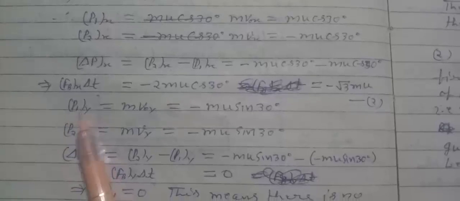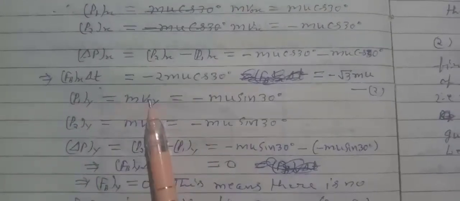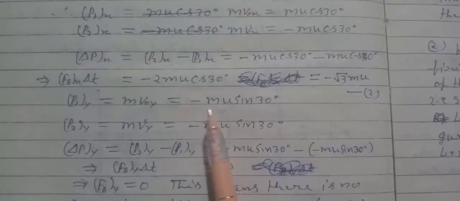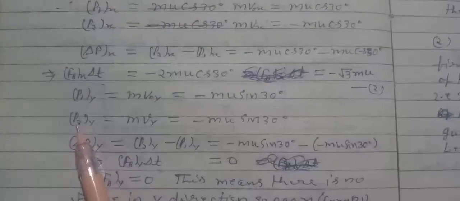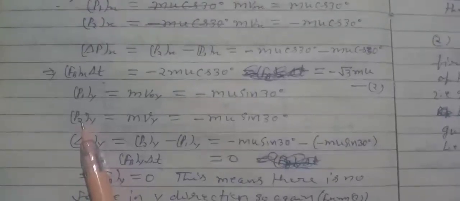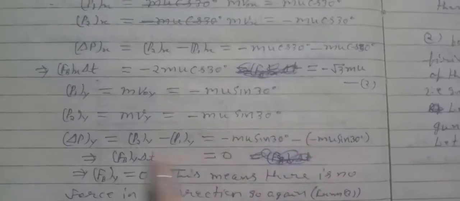Again for the y direction, the initial momentum along y direction m into v naught y equals minus mu sin 30 degrees. The final momentum along y direction p2y, m vy, is minus mu sin 30 degrees, the same.